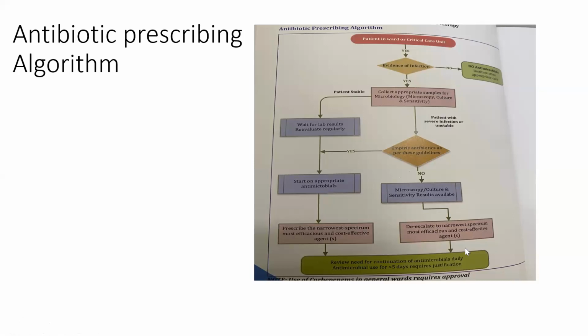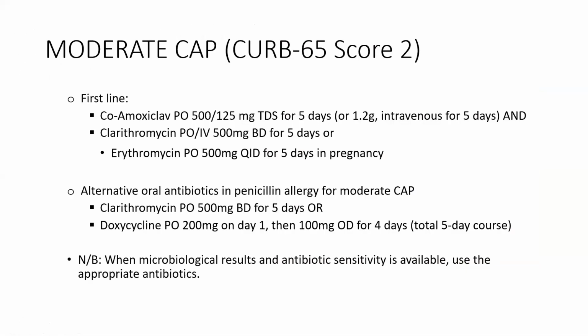There's quite a lot of evidence for combined antibiotics. So here we're saying beta-lactam plus a macrolide for moderate CAP. All patients for moderate CAP get a beta-lactam. And if you look at the dosing, we've maintained TDS, 1 gram, for 5 days, plus clarithromycin BD for 5 days.